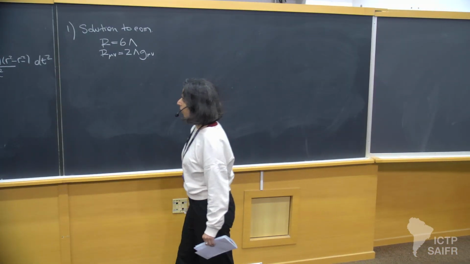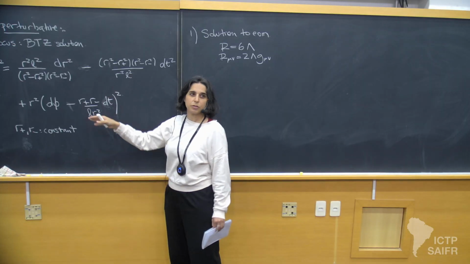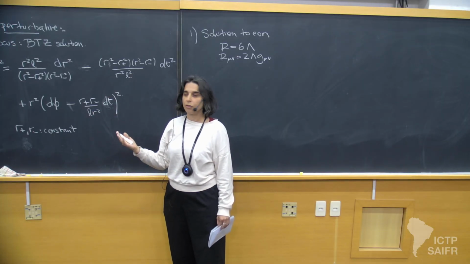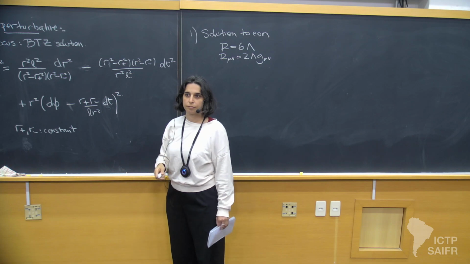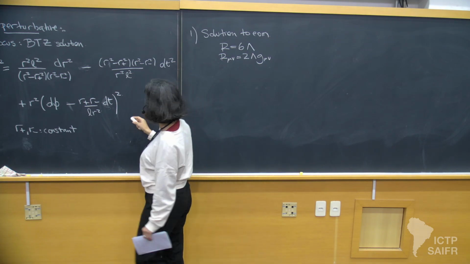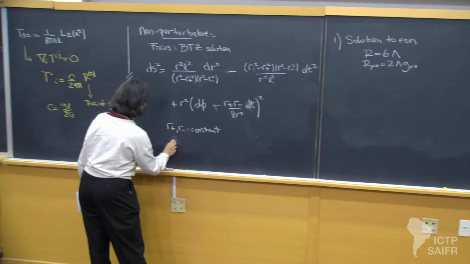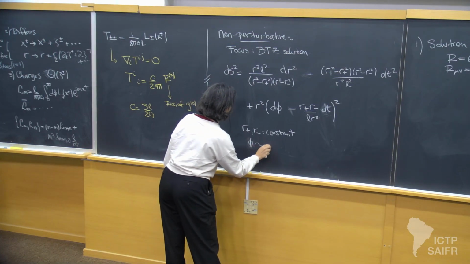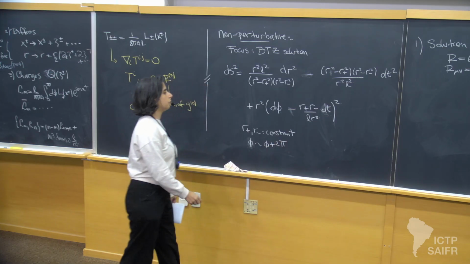And so if you look at it, you might worry what happens to the solution if you're close to, let's say, R equal to R plus. Oh, and I should have said here, we have R plus and R minus constants, and phi is identified with 2 pi.